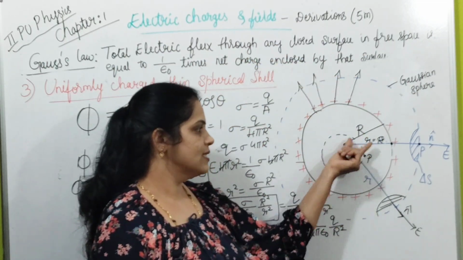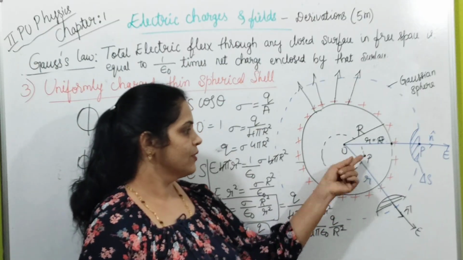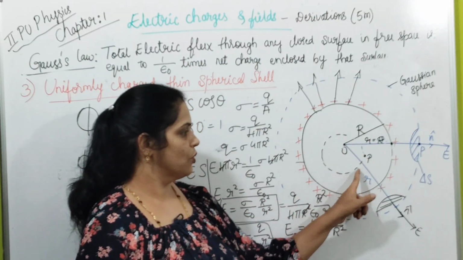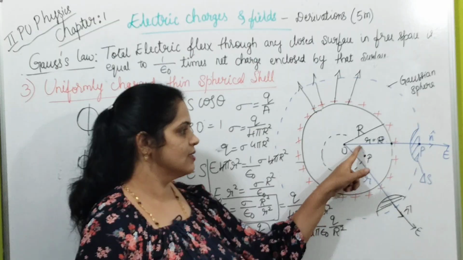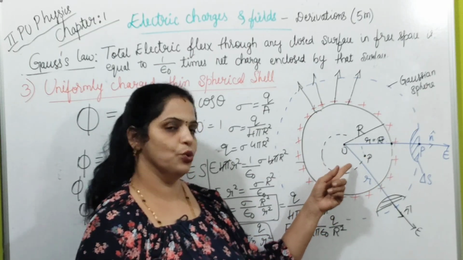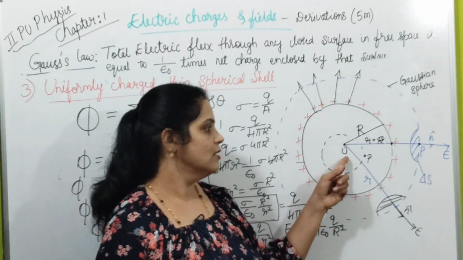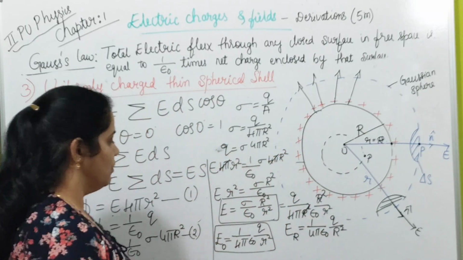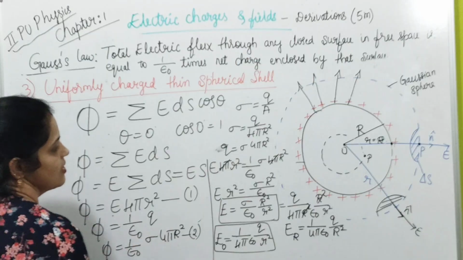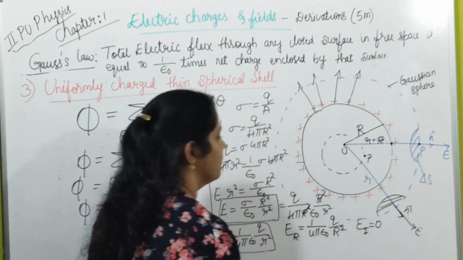If the point is inside the shell, then you have imagined a closed Gaussian surface. Is there any charge inside this surface? No. Since there is no charge inside this Gaussian surface, the charge is 0. Therefore, electric field is also 0. Electric field inside is 0.